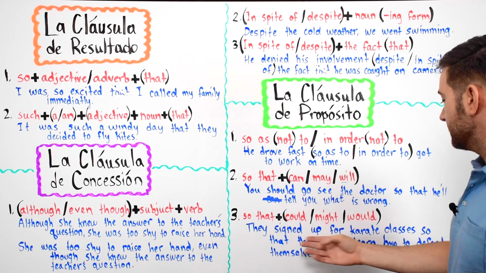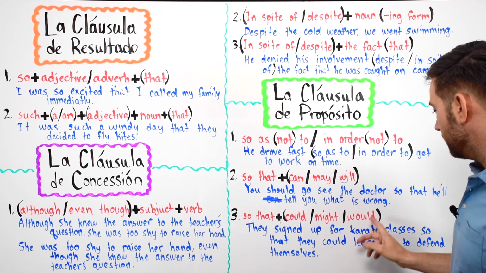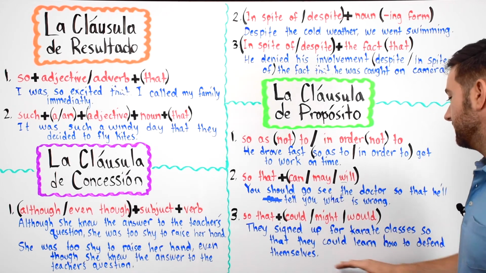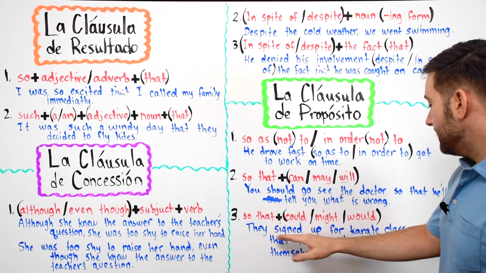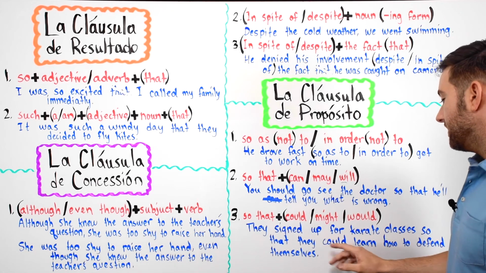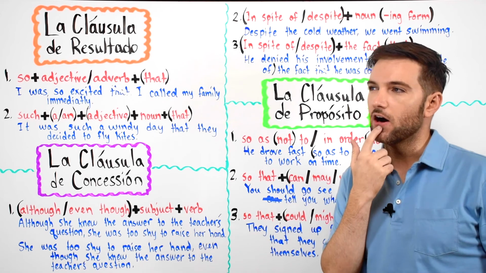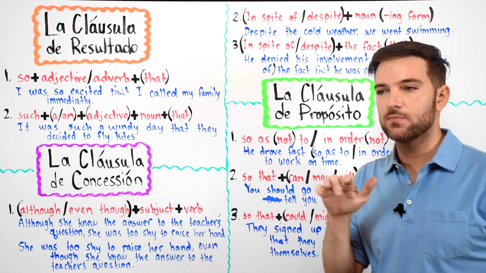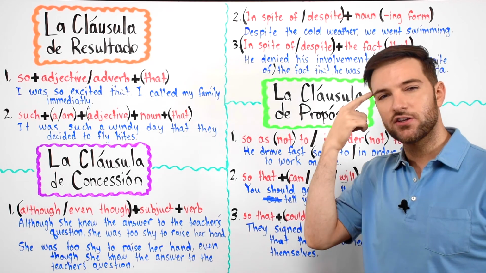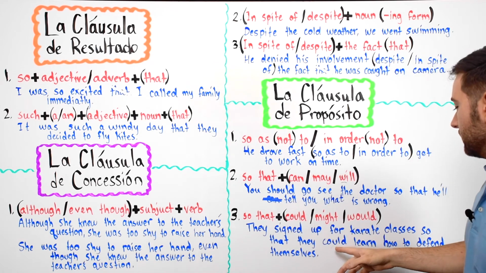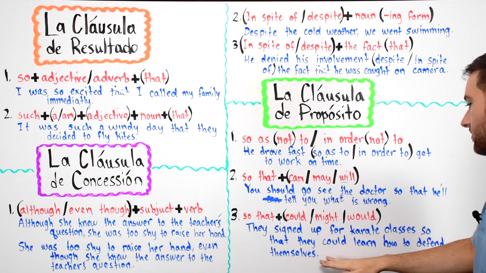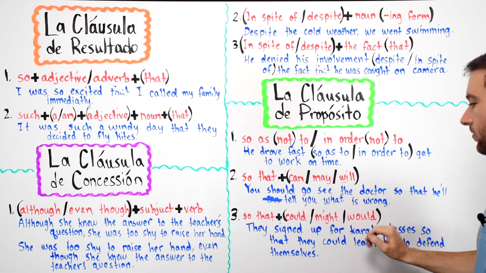Or you could say they signed up for karate classes so that they would learn how to defend themselves. Or they signed up for karate classes so they might, okay, might is like, I wonder. Are they going to learn how to defend themselves? Might. It's a possibility. We're not sure. Okay? So they might learn how to defend themselves. So you could say could, might, or would.